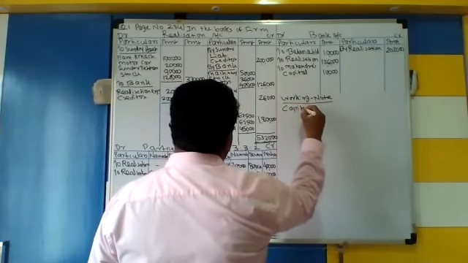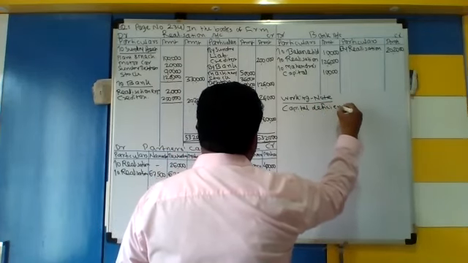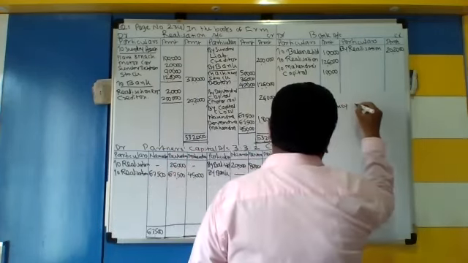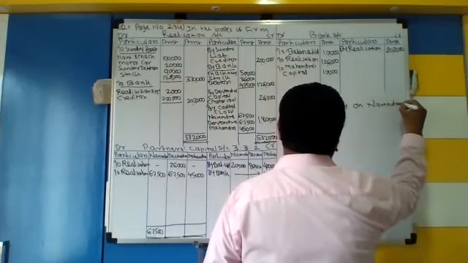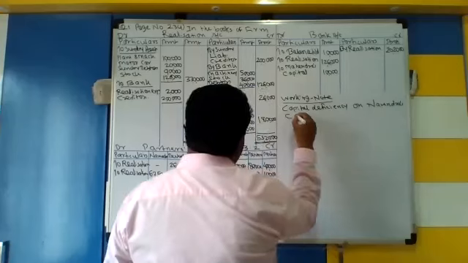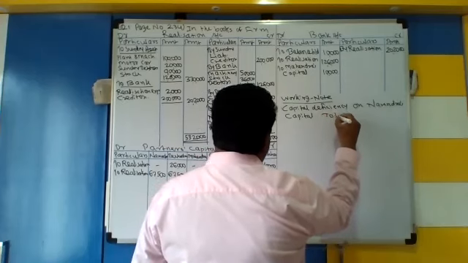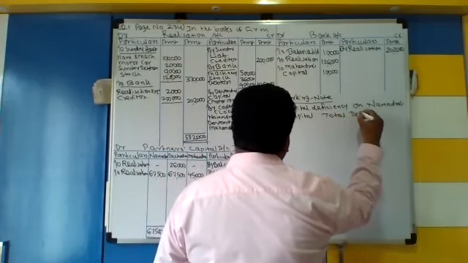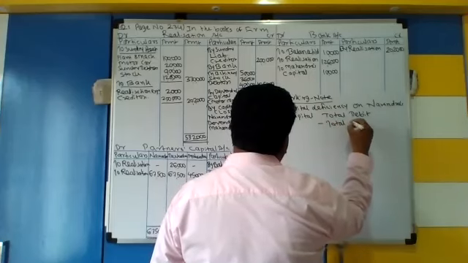Capital deficiency on Narendra's capital: total debit minus total credit.